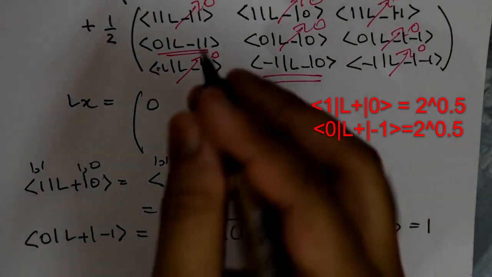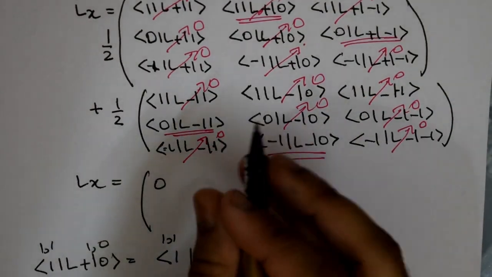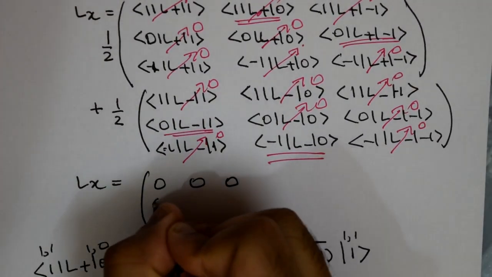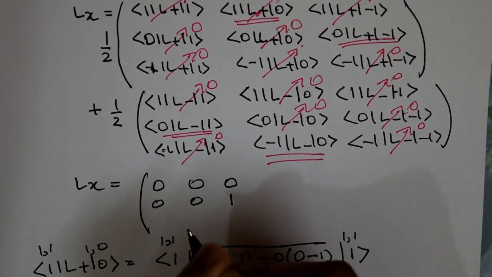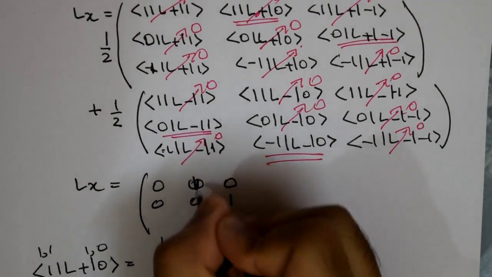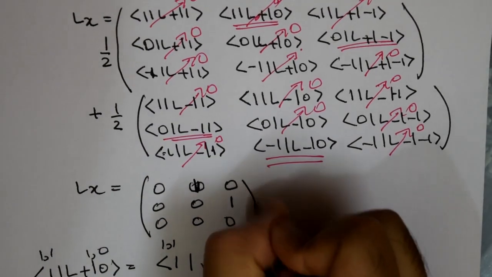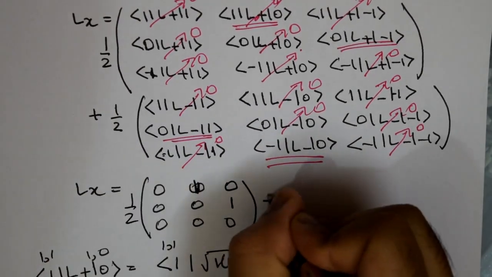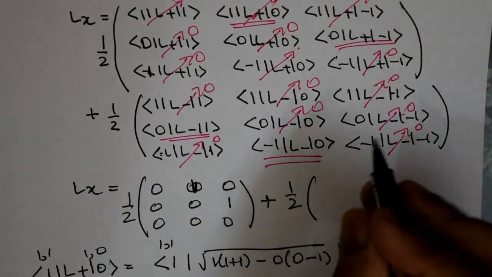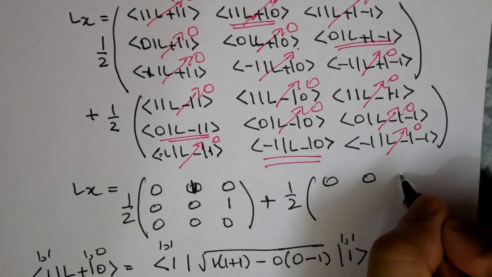So therefore what do we have for L plus? L plus is going to be 0, 1, 0, 0, 0, 0, half times plus half times, same thing we are trying to look at here, it's going to be 0, 0, 0.